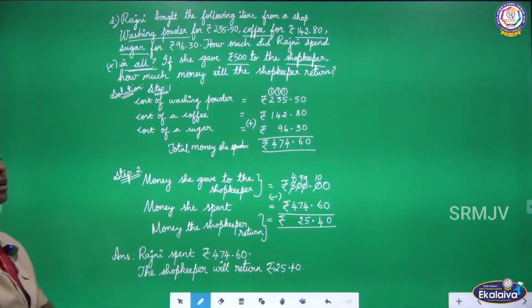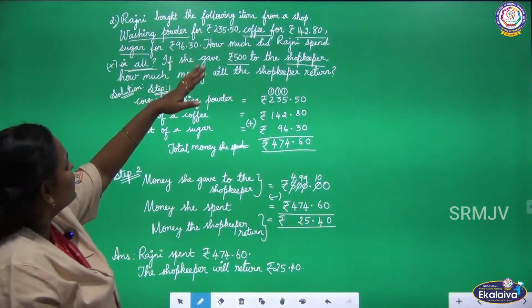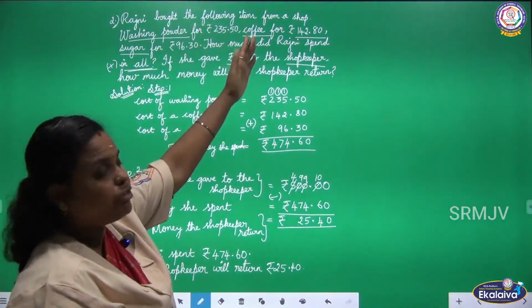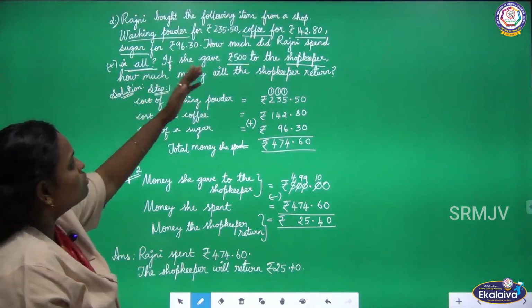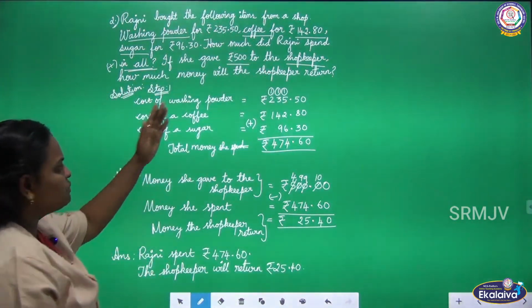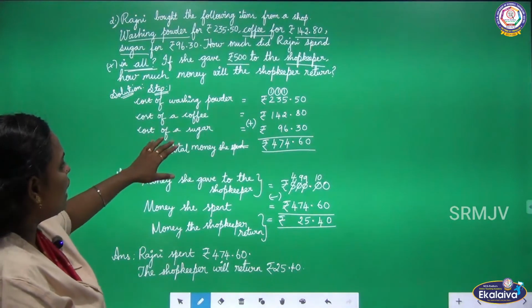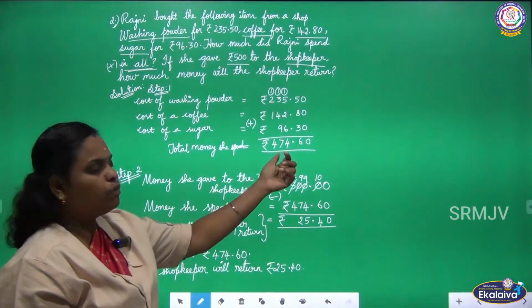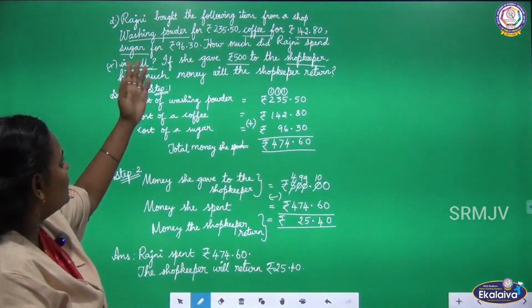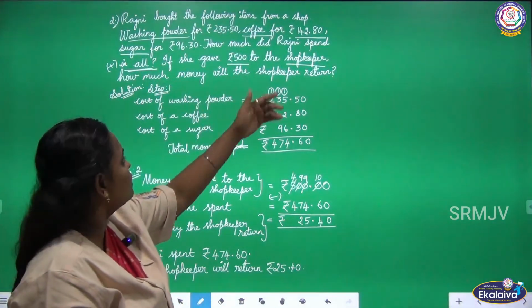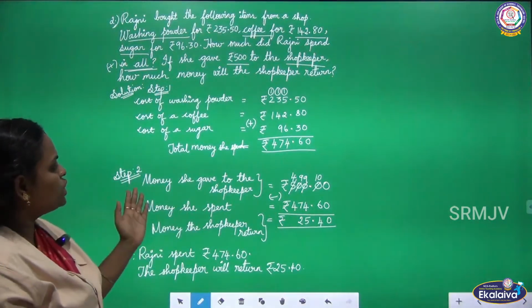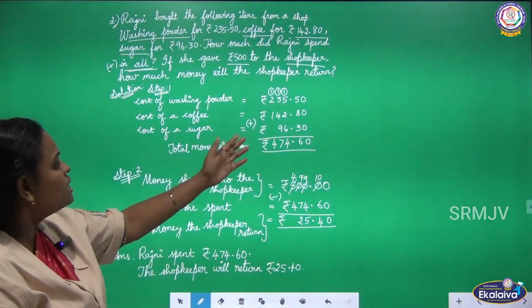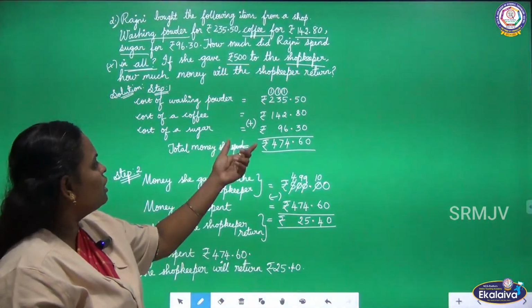So listen children, Rajni bought the following items, that is washing powder, coffee and sugar. So how much did Rajni spend in all means we are going to add. So if you add, how much amount did she spend? 474 rupees 60 paise. Next, she gave rupees 500 to the shopkeeper. So what is the total cost she spent?